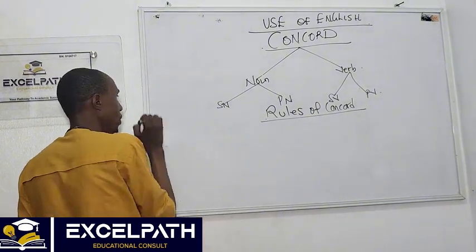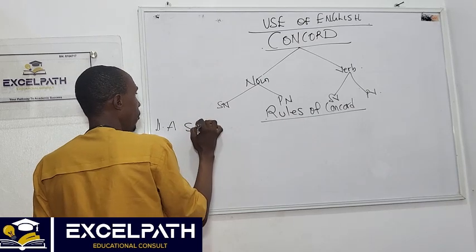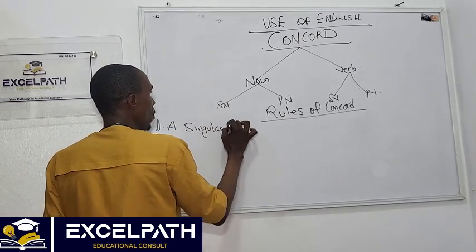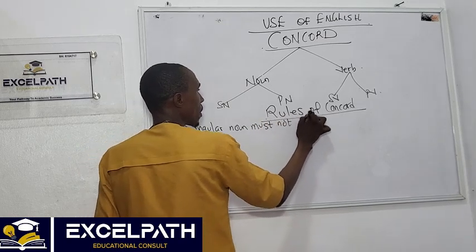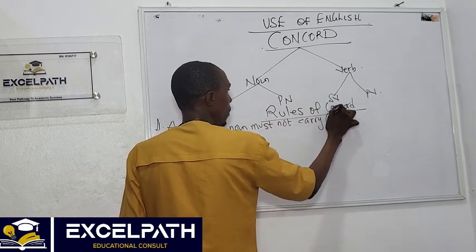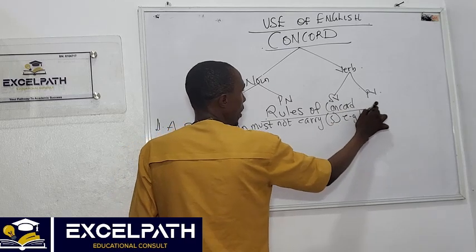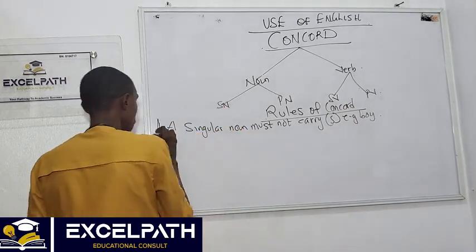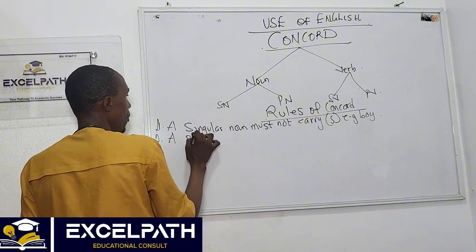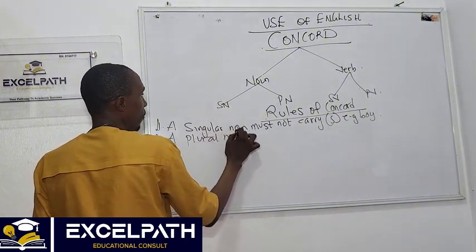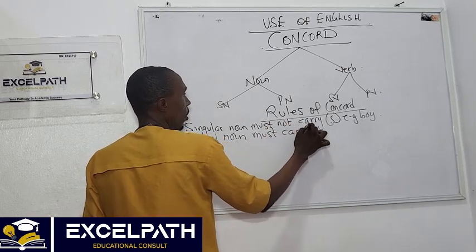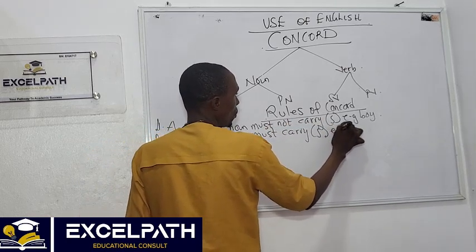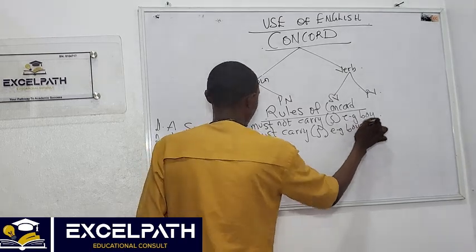Number one is this: a singular noun must not carry what? S, e.g. ball. Number two, a plural noun must carry what? S, e.g. boys.